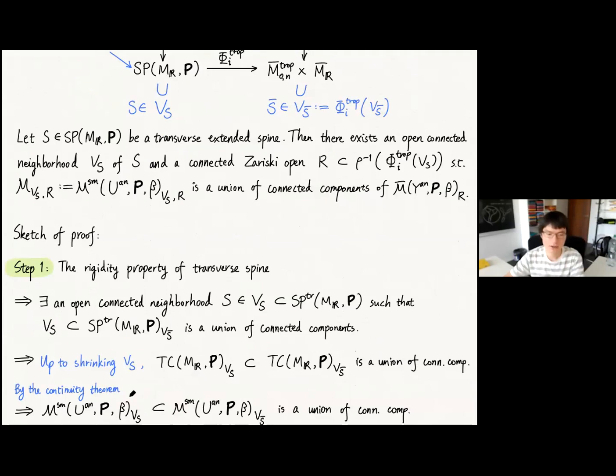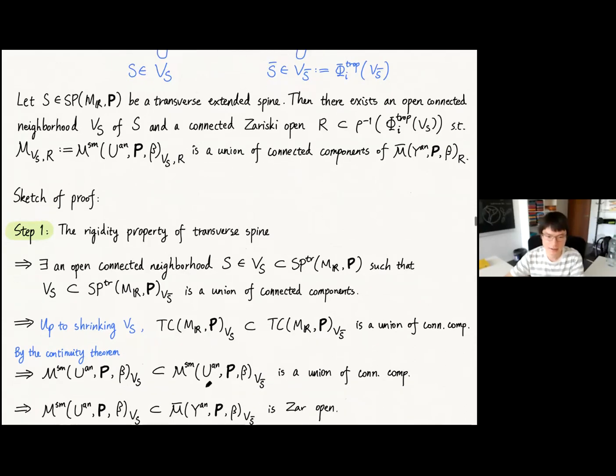Then by the continuity theorem, the subspace of M smooth whose spine belongs to Vs is a union of connected components of the subspace whose ith marked point maps to Vs bar.